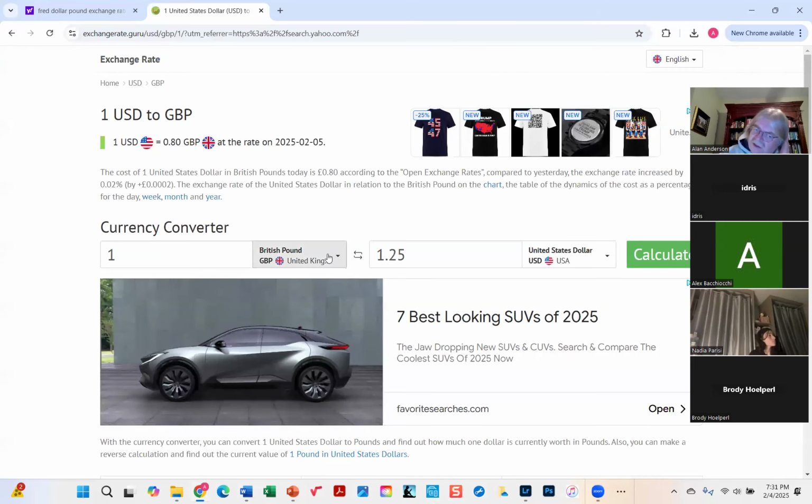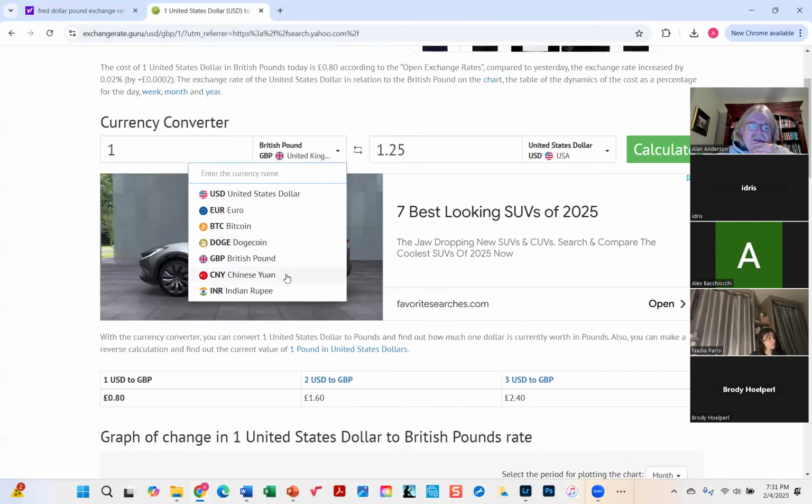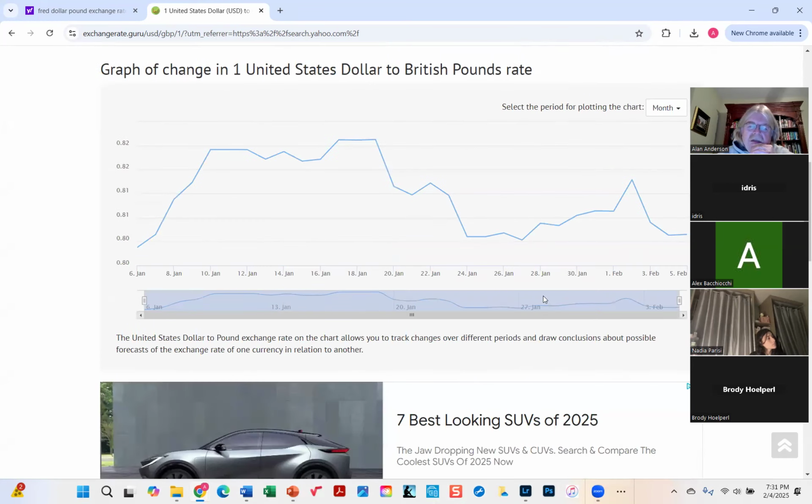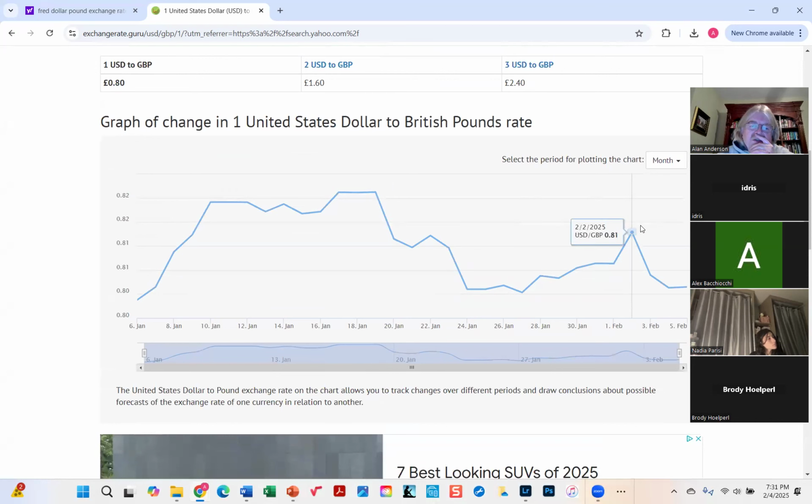So yeah, they don't seem to have too many currencies here. Well, they do have a Bitcoin in here. Looks like it's not quite at $100,000 yet, but it's getting close, isn't it? And you can see over just the last month or so, this is how much change we've seen in the dollar pound exchange rate.